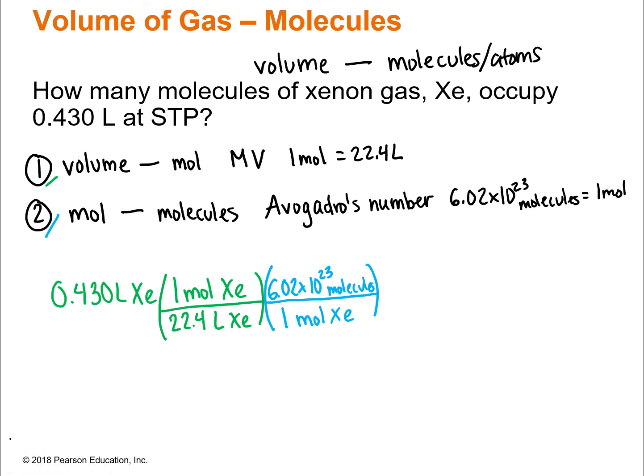So don't forget about those units when you're writing in the rest of your bridges. We can cancel out those liters. We cancel out the moles, and we're left with molecules. Put that into your calculator and let me know what you get.